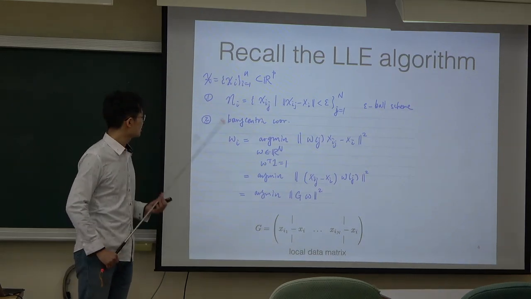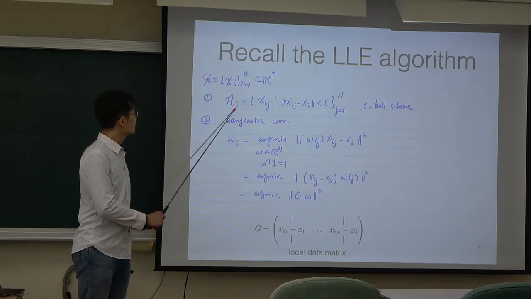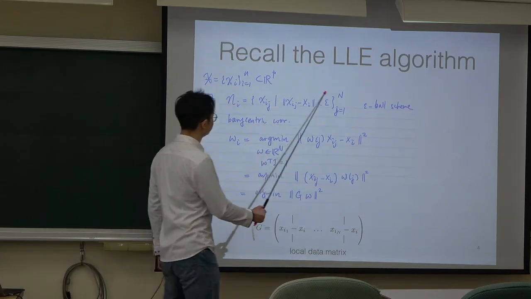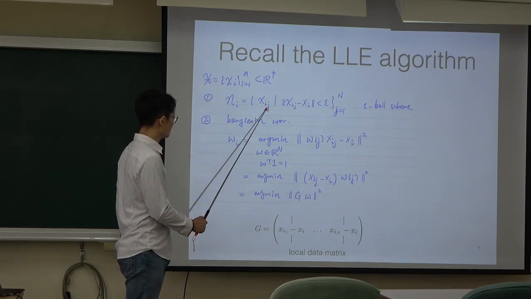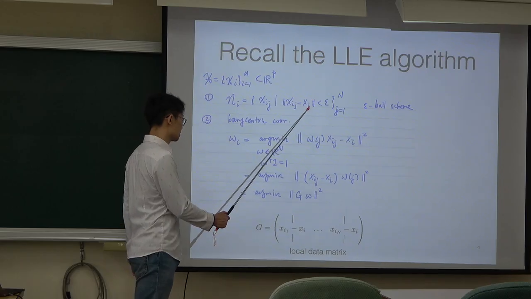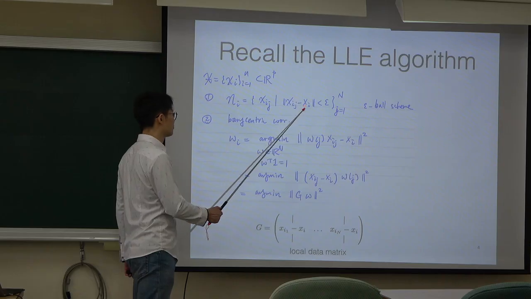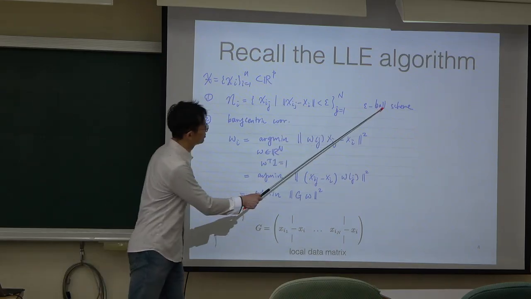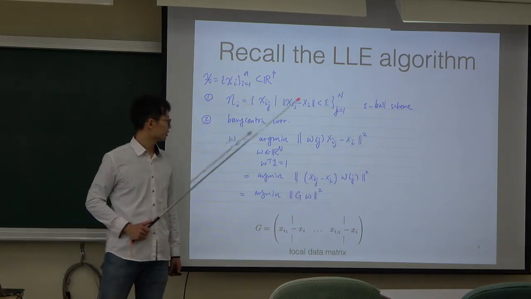Then for every point i, you find all its neighbors, called Ni. Those are the points within distance less than epsilon from xi. This is called the epsilon ball scheme. You can also consider the k nearest neighbor scheme.